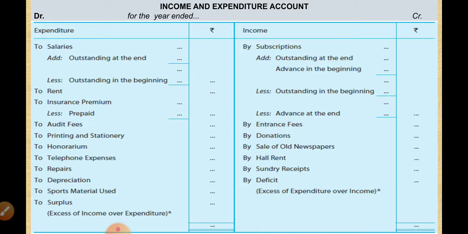Now income and expenditure account does not follow this. It recognizes only those income and expenditure which are revenue in nature. So you may ask, where will the capital items go? Where will the capital receipts and capital expenditure go? They will go to the balance sheet. As and when we proceed to the next balance sheet topic, you will understand it.